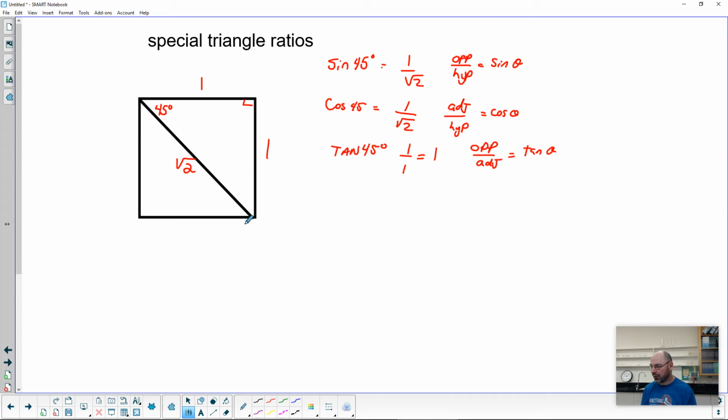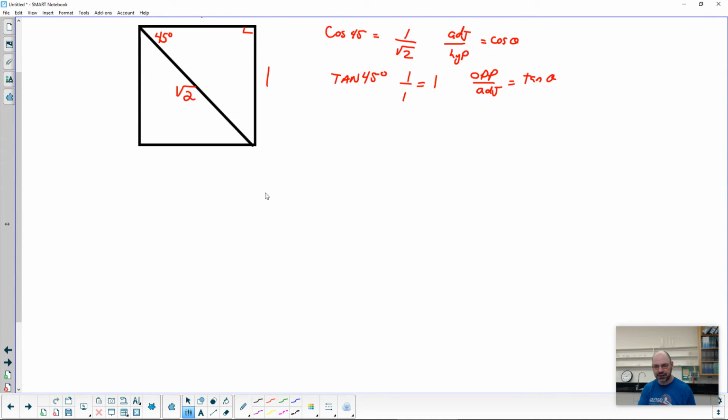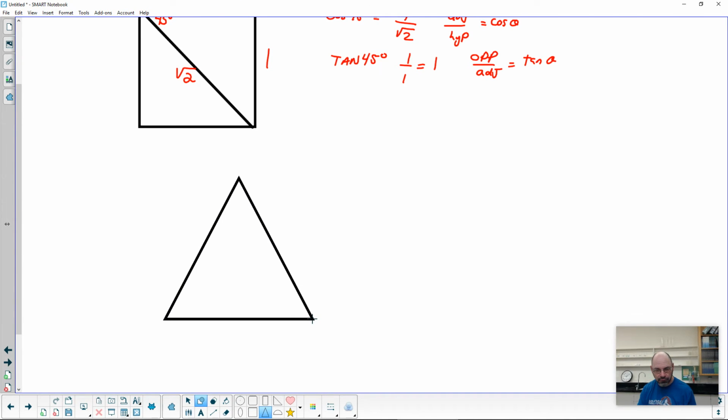Okay, the other one that we have is the 30, 60, 90 degree triangle, and we get that one from an equilateral triangle. So if I draw that here, see if we can get an equilateral triangle. Okay, like that.